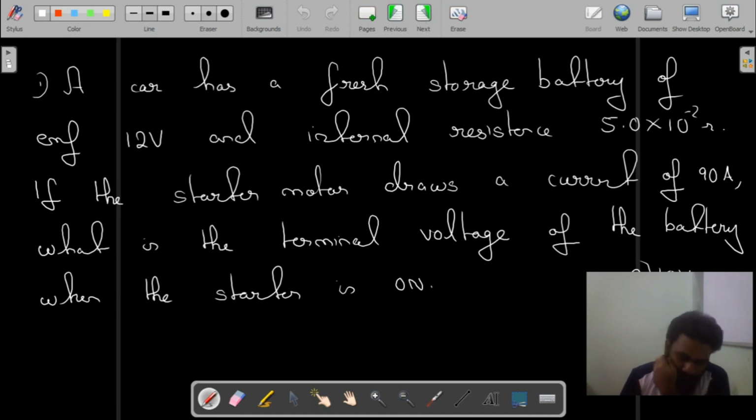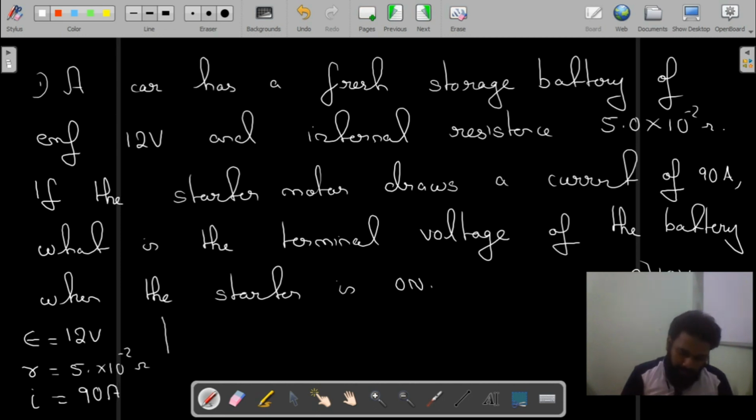Just a direct application we can do. EMF is given as 12 volt, internal resistance is given as 5 into 10 raised to minus 2 ohm, and the current is 90 ampere. We need to find the terminal voltage. Terminal voltage is E minus I into R, or otherwise the current into the external resistance.